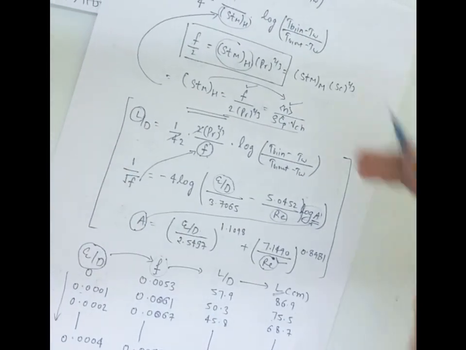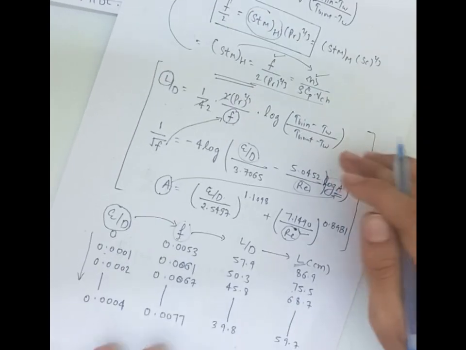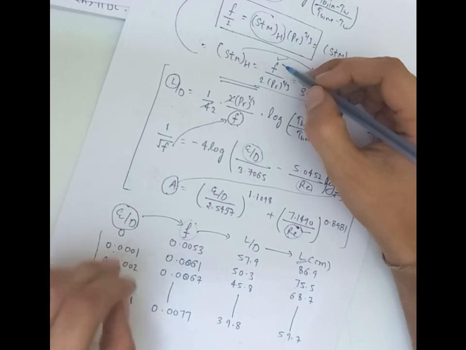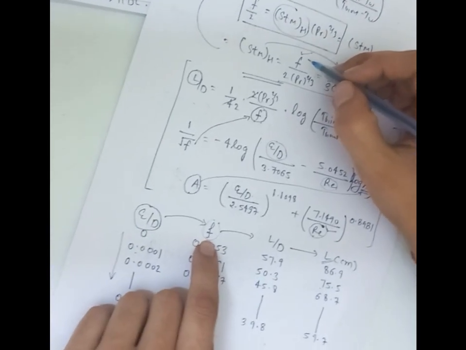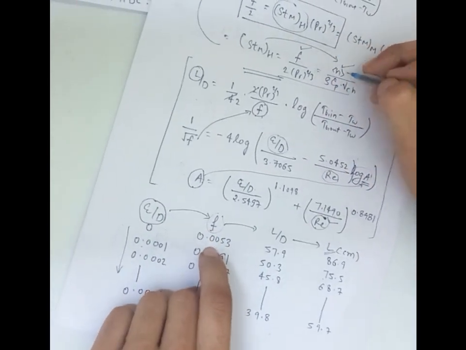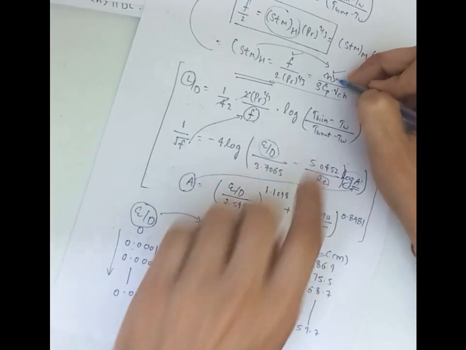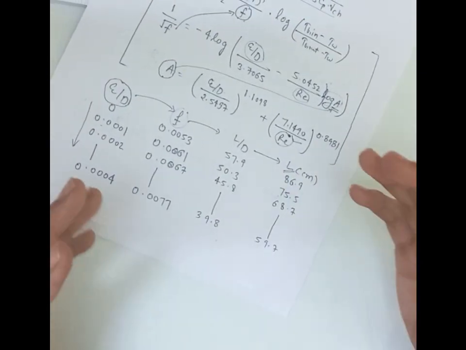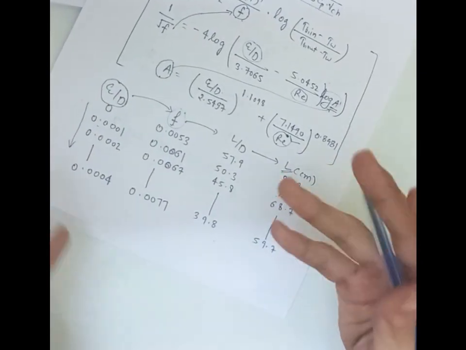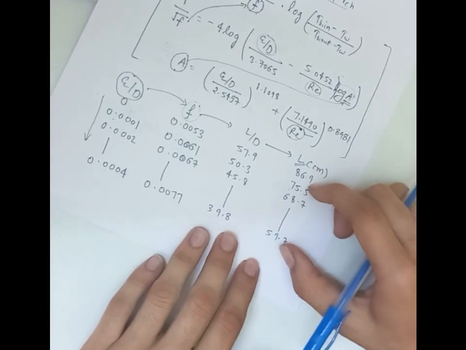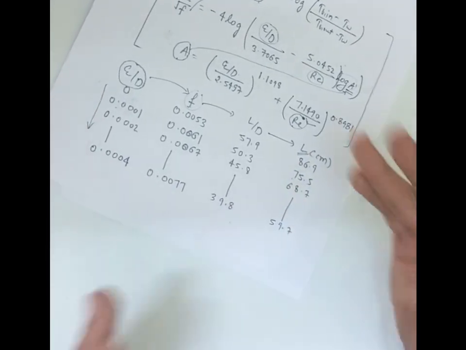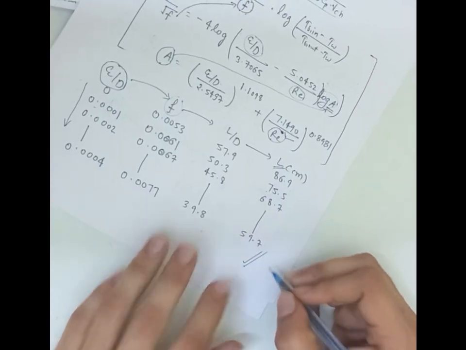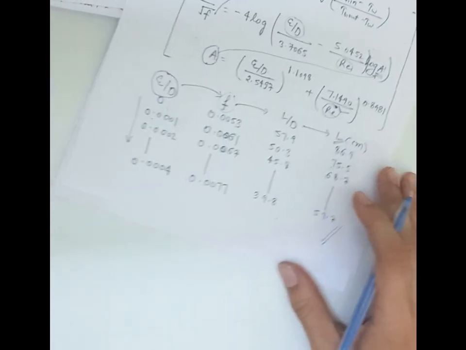So with the increase of relative surface roughness, the friction factor increases, and with it the heat transfer rate increases because the heat transfer coefficient also increases. Then we require less length or less volume for the contact of steam and the fluid, so we require less length of the pipe. Okay, so here is the analysis of this question.